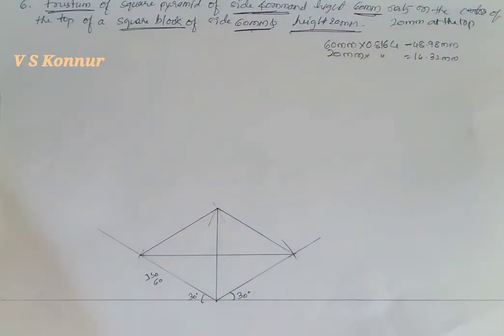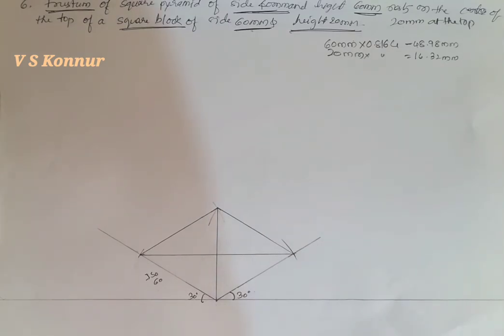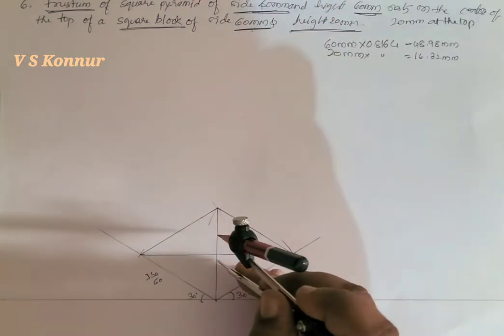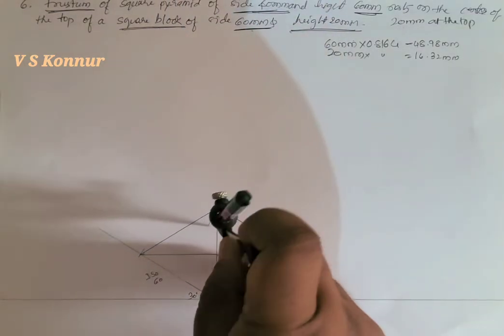Then the height is 20 mm, so the isometric height is 16.32. We'll take the 16.32 height from the center and cut.